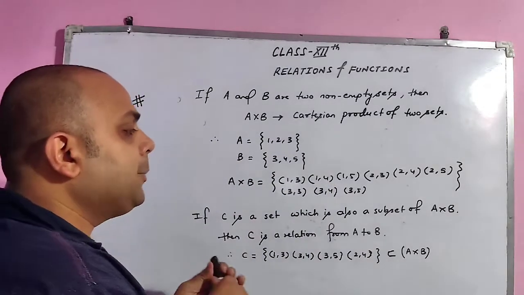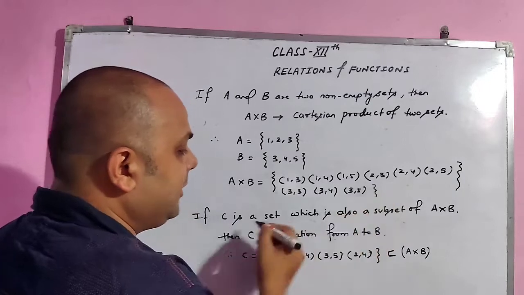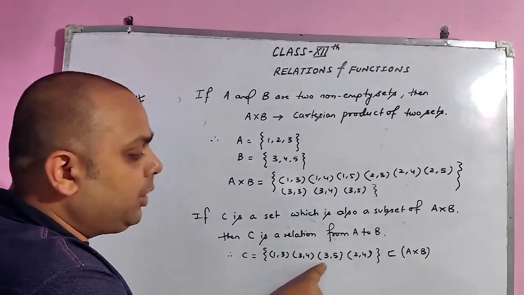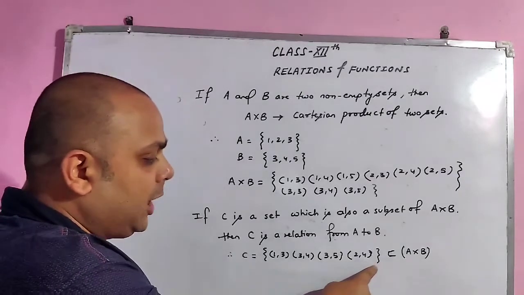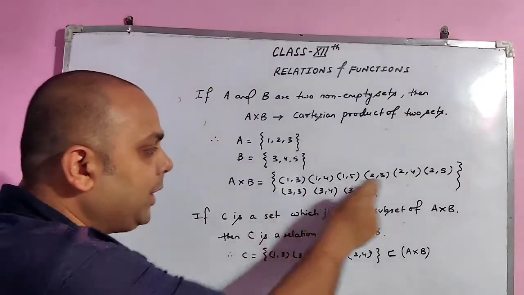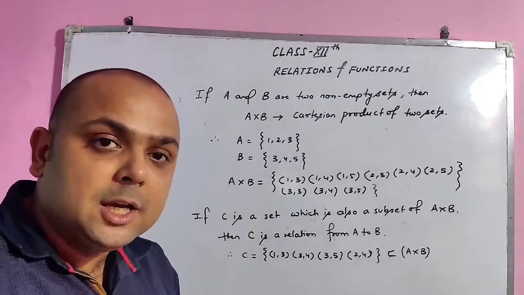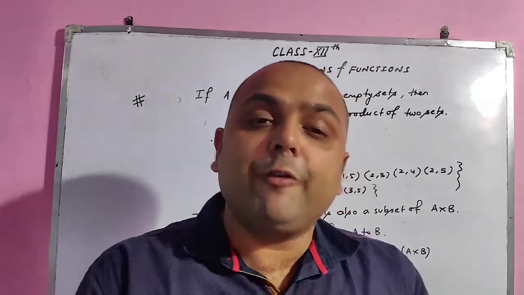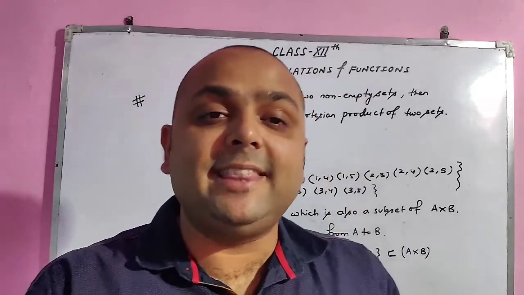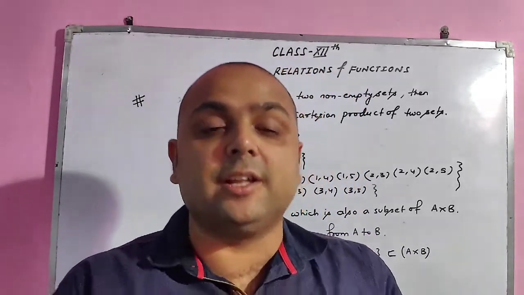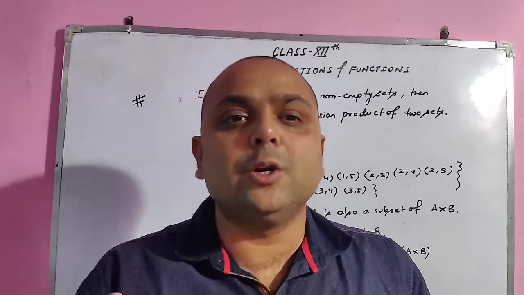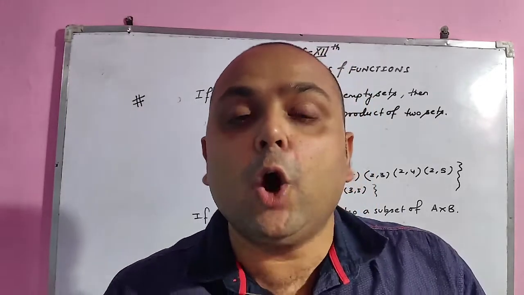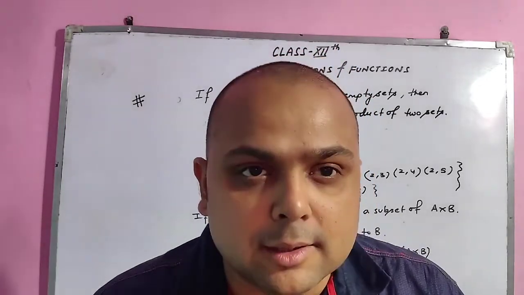Now, suppose we have a set C, which is {(1,3), (3,4), (3,5), (2,4)}. These elements are included in A cross B. So if a set is a subset of A cross B, then that set is called a relation from A to B. As simple as that, a relation is a subset of the Cartesian product.